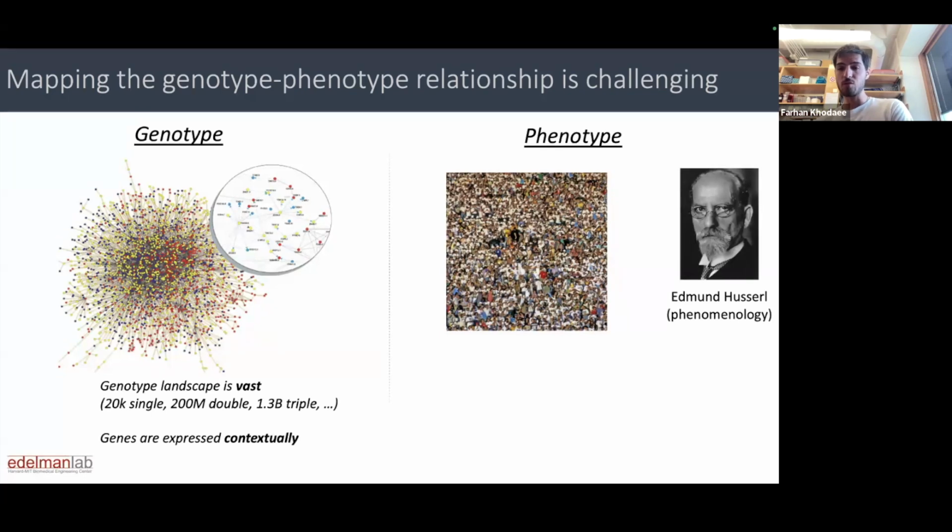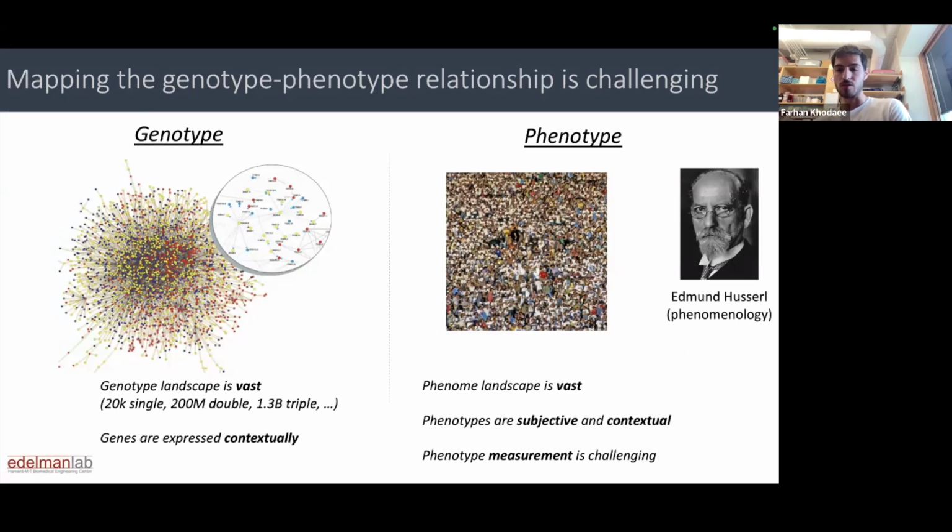And just conceptually, I like what Edmund Husserl says about phenomenology, that conceptually phenotypes are subjective. We can't really measure a phenotype in a very qualitative way. So there are certain challenges, like what Husserl says, that our consciousness also plays a role here.